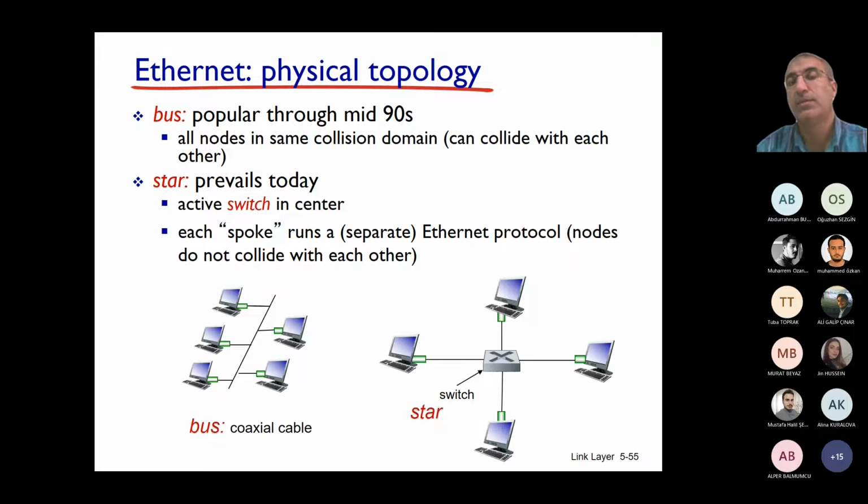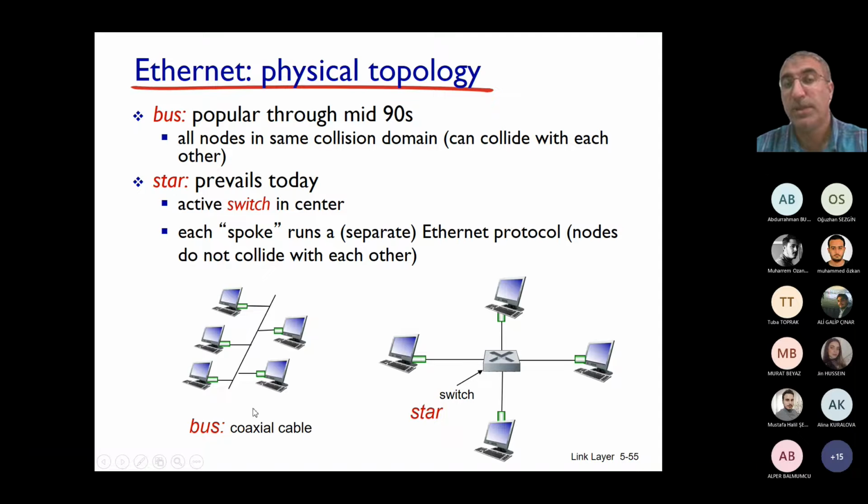Let's look at the Ethernet topologies. There are two main topologies. The first one is the bus, which was popular through the mid-90s. In this topology, all the nodes are in the same collision domain, as you see, so all the nodes can collide with each other.